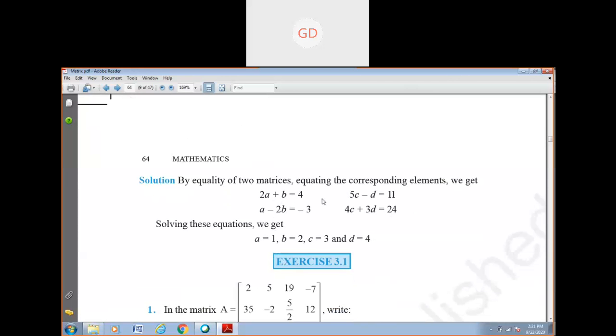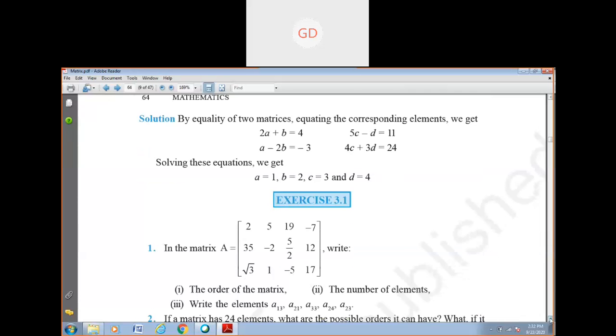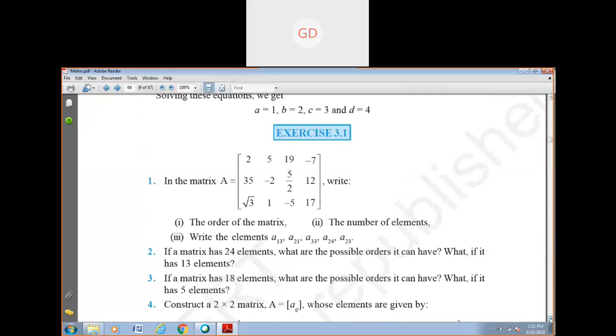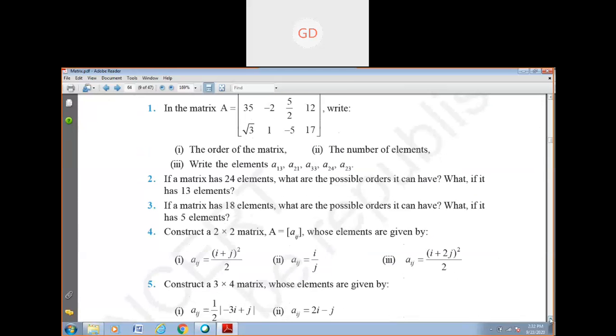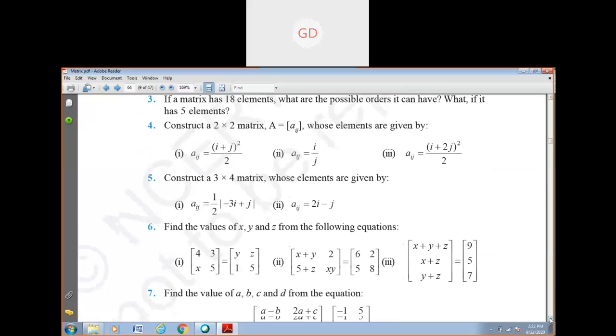So this is the way how we have to find the values of unknowns concerned with the elements. But matrices must be given to be equal so that we can compare corresponding elements.